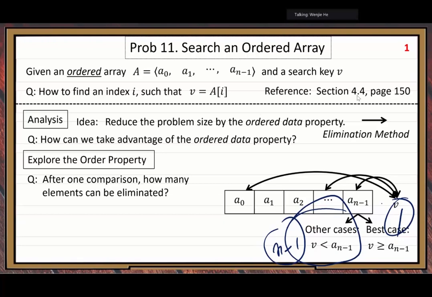Think about it. We have two cases, one better and one worse. When we compare with the last element, that's just one of the possibilities. Can we consider comparing V with one of the elements somewhere in the middle?